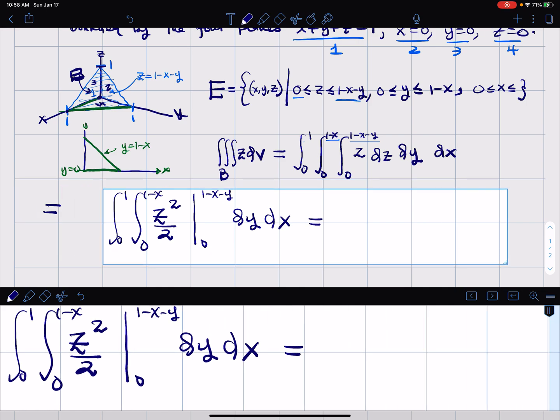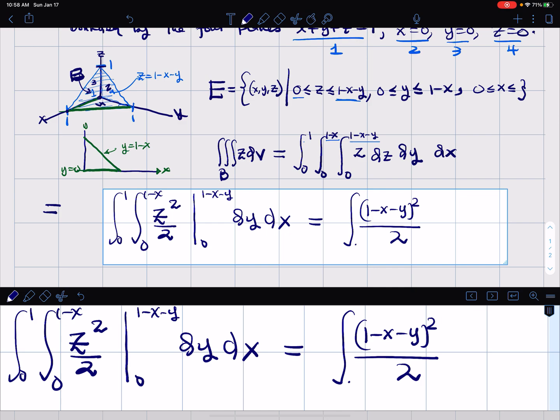So if you plug in 1 minus x minus y, you get 1 minus x minus y squared over 2. And then you plug in 0, you just get 0. Okay? So you're going from 0 to 1, 0 to 1, dy dx.